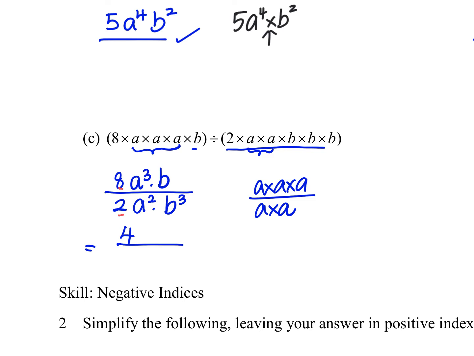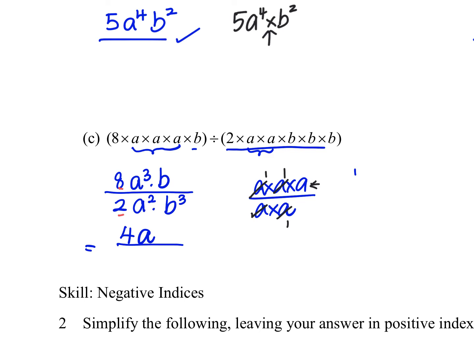We can cancel out the common factors. So cancel out, left 1, cancel out, left 1, and then we are left with a to the power of 1 in the numerator, at the top. Now a to the power of 1, the 1 is actually invisible. We do not need to write the power.